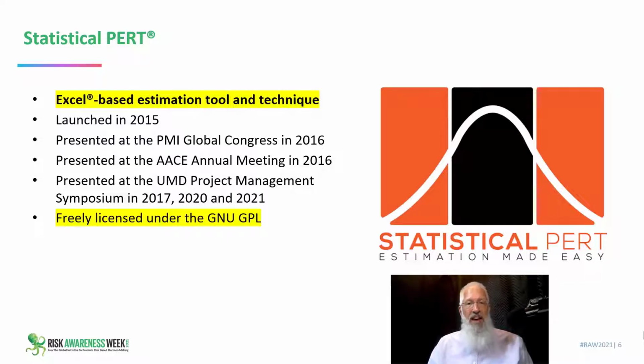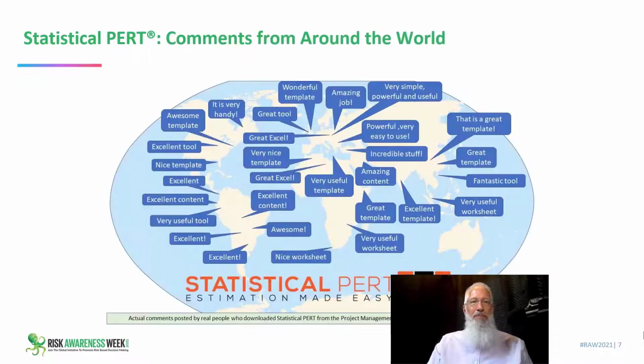That's a copyleft license, meaning that you can download it for free, modify it, redistribute it, as long as you adhere to the license agreement. So it's free software, and I hope that after this presentation, you'll be motivated to download this spreadsheet and try out some of the things that you'll see me do in this presentation.